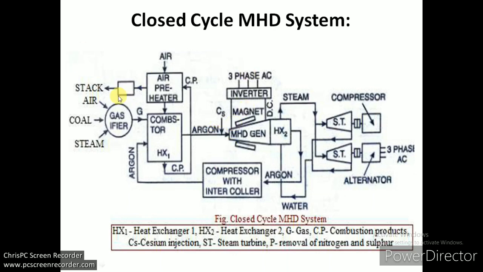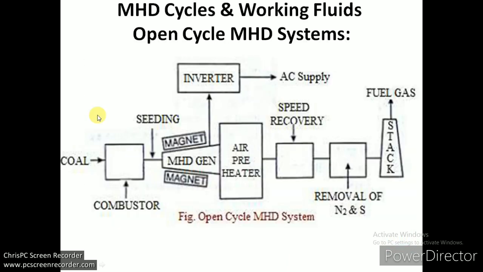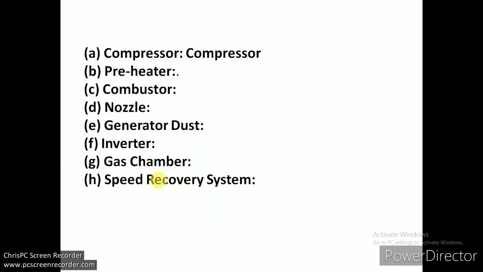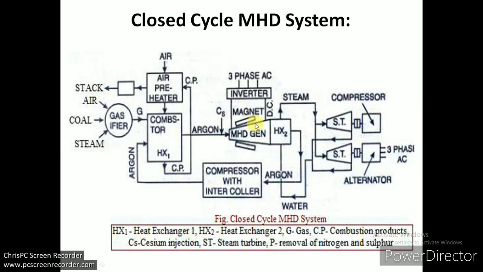Dealing with this kind of apparatus is very difficult, and we have to go for some cooling units also to prevent accidents and detrimental effects. But in the closed cycle MHD system, the maximum working temperature is around 1600 degrees centigrade.